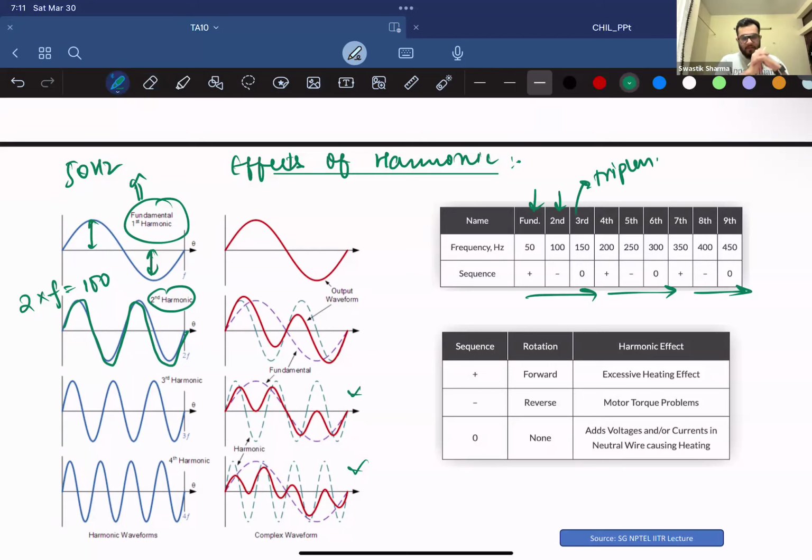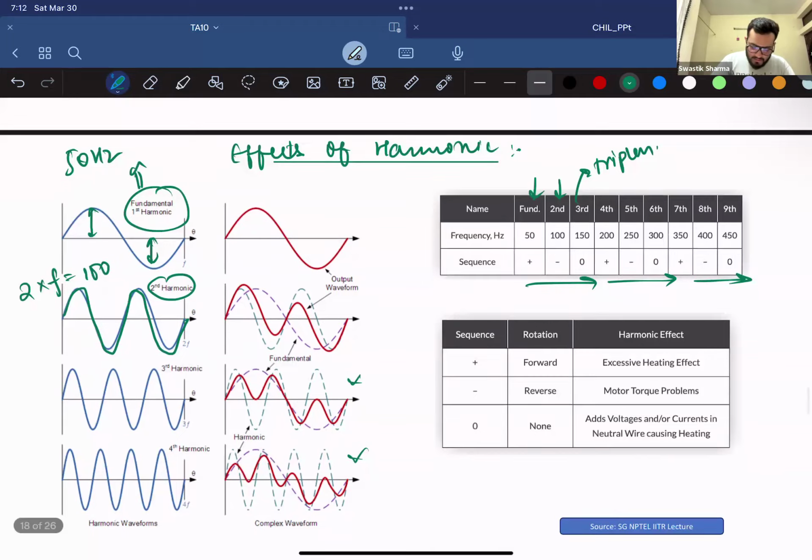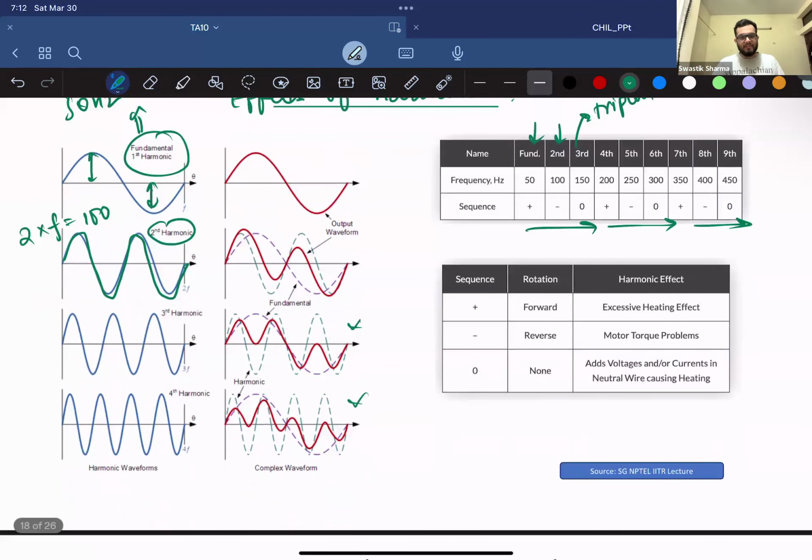Since the positive sequence has forward rotation, the main harmonic effect of your positive sequence harmonics is that they cause excessive heating effect on your conductors. Similarly, the negative sequence harmonics are reverse harmonics which rotate in a reverse phase. So they cause issues in your motor torque.